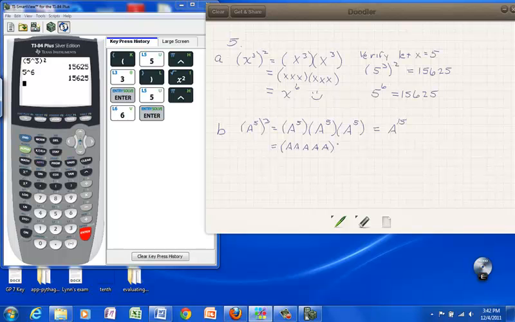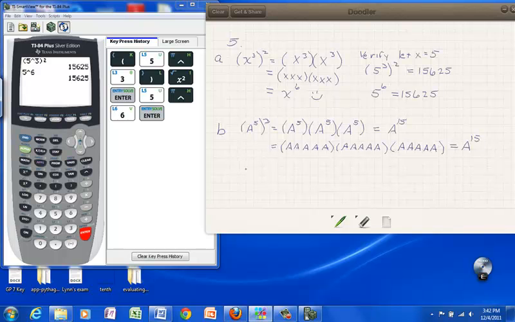A to the 5th power times another a to the 5th power, and if you count up how many times a is being multiplied by itself, it's a to the 15th power.